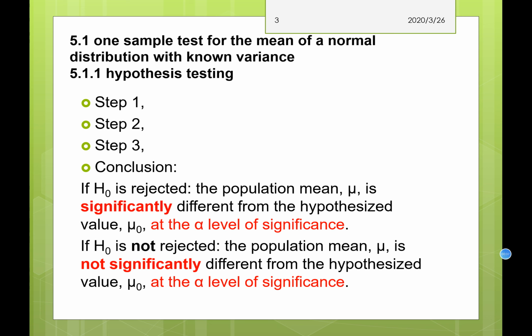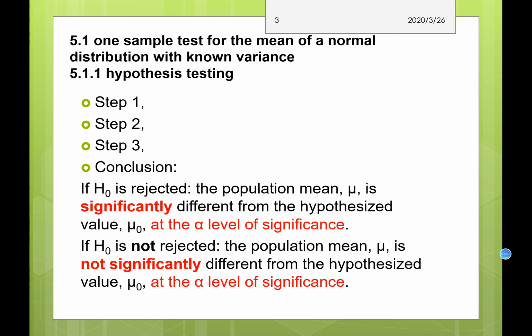So here, if H0 is rejected, that means in one sample z-test, the population mean is significantly different from the hypothesized value at the alpha level of significance.